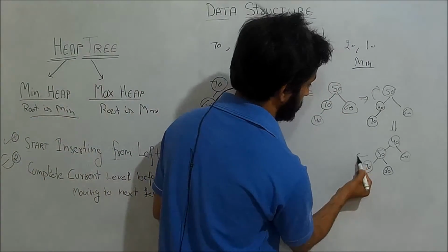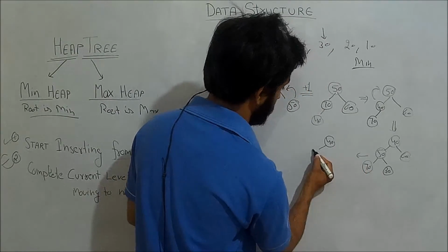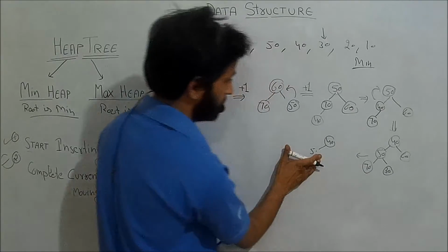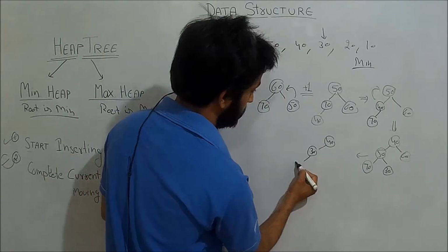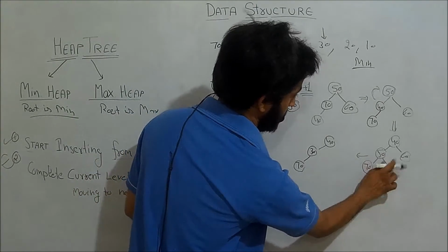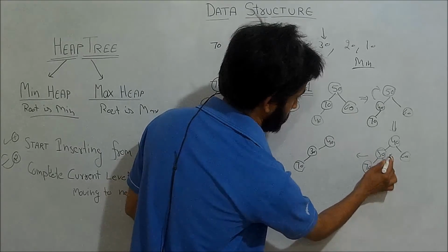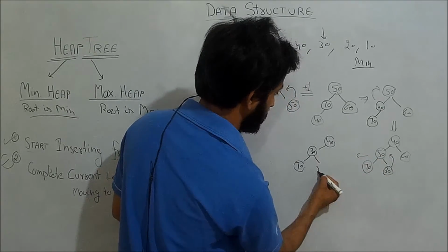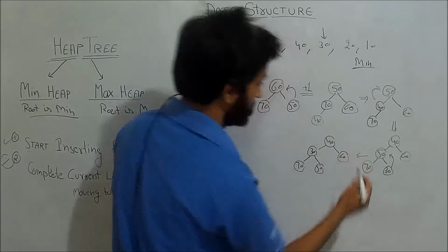The resultant will be 40, 30, 70, 50 and 60.